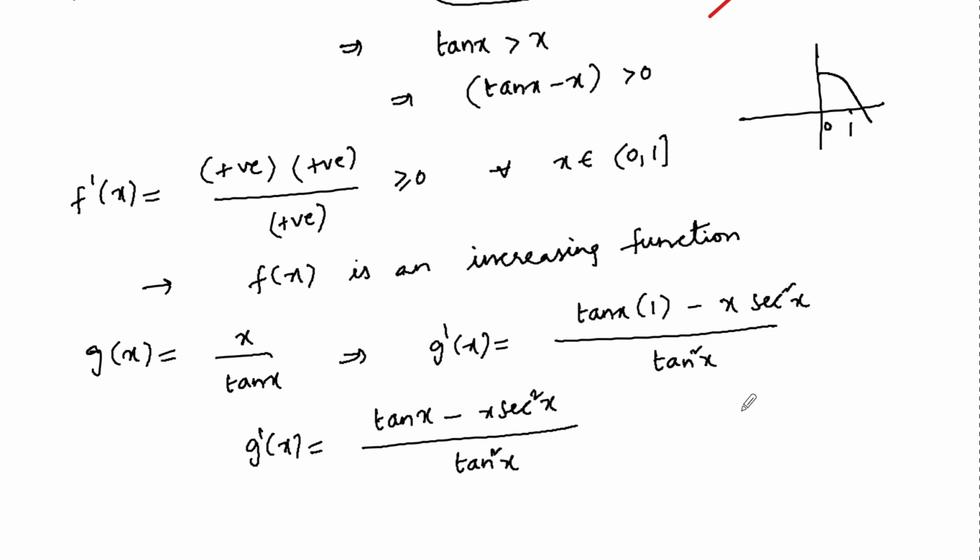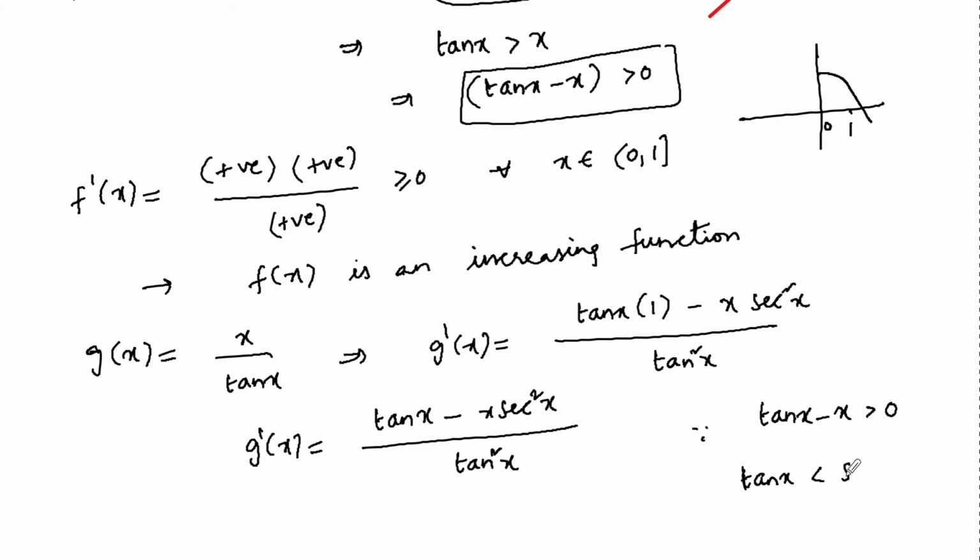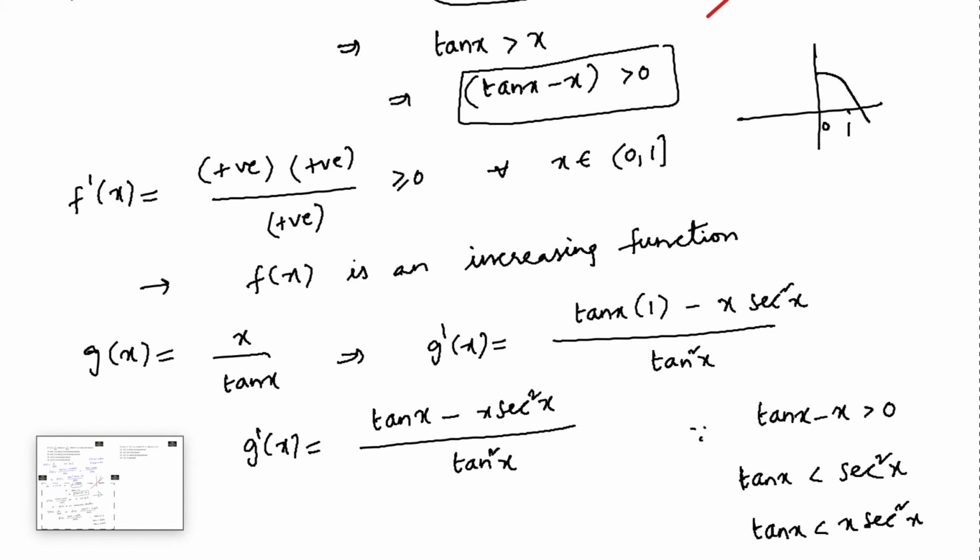And since we know that tan x minus x is greater than 0, that is tan x is greater than x, and also tan x is always less than sec²x, and so tan x is also less than x times sec²x for x in the interval 0 to 1, and tan x minus x sec²x is always less than 0.